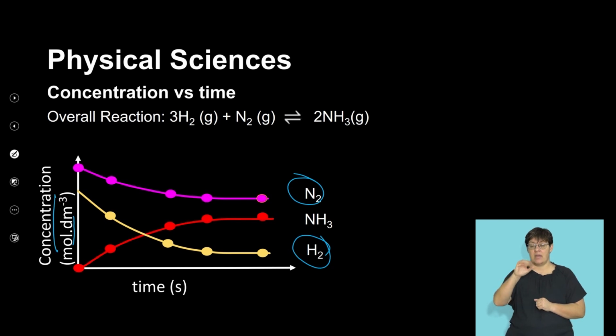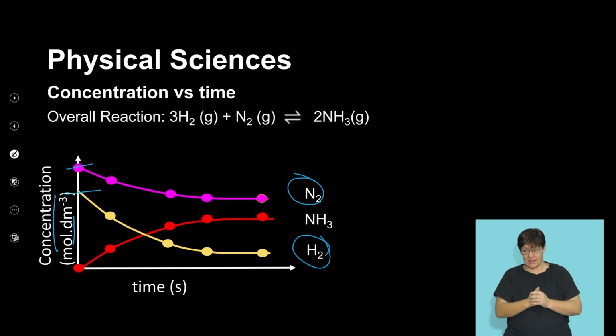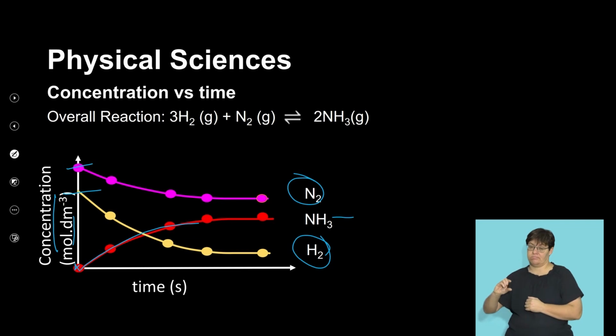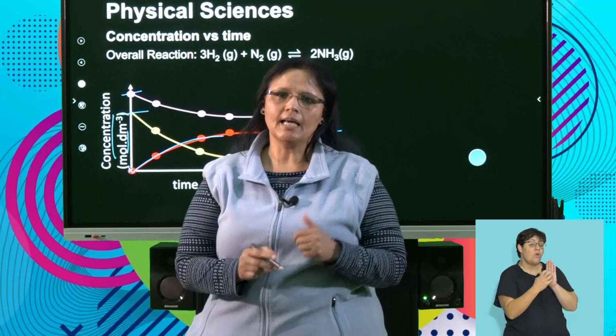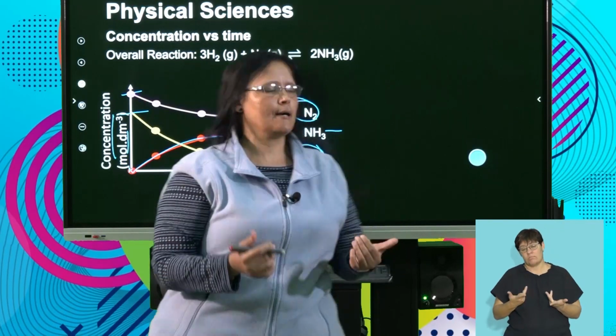The concentration graph shows us that we start with high concentrations of nitrogen and hydrogen, which decrease over time, but we start with no ammonia, and that increases over time. When you get a graph, you must make sure: is it a rate graph or a concentration graph?